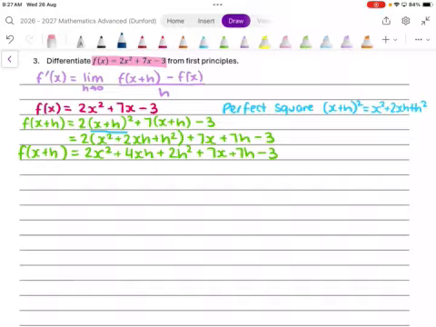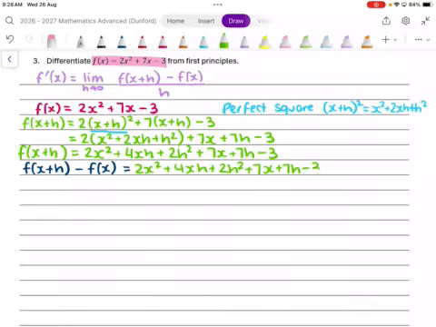What we want to find now is f of x plus h minus f of x. So to find that, we'll have our f of x plus h minus our f of x will equal 2x squared plus 4xh plus 2h squared plus 7x plus 7h minus 3 minus in brackets our f of x, which is 2x squared plus 7x minus 3.